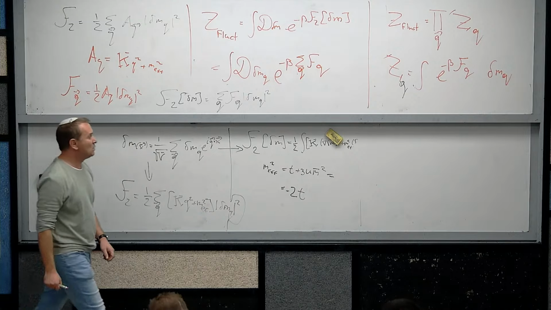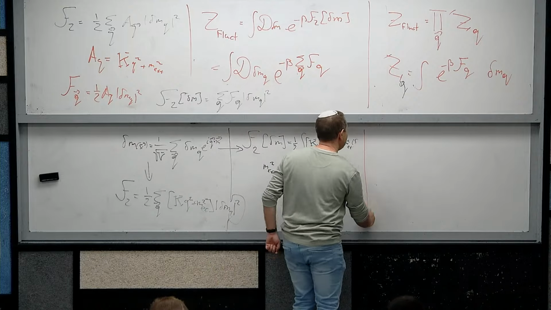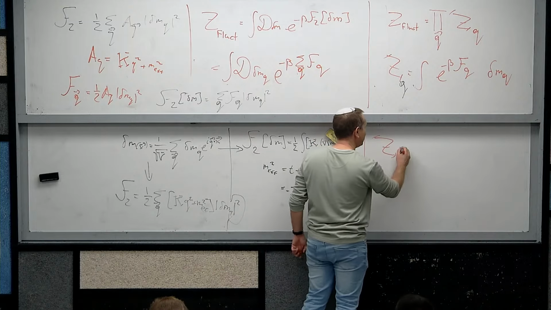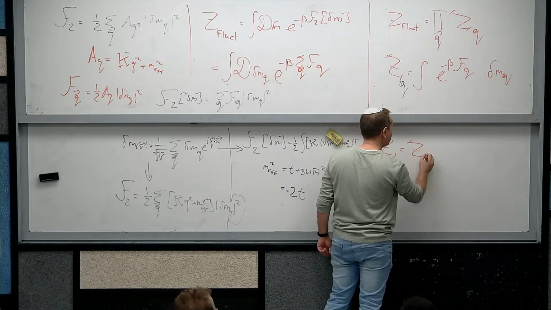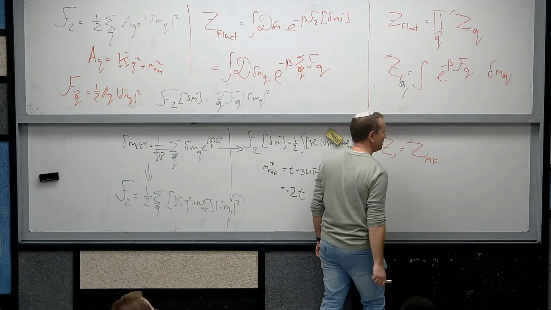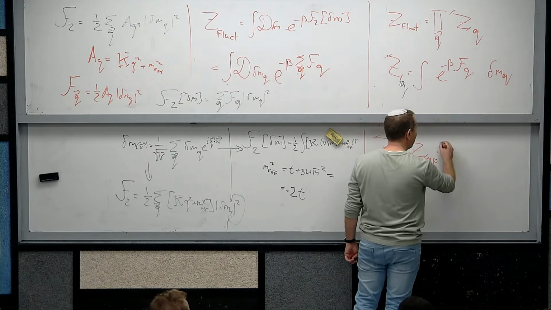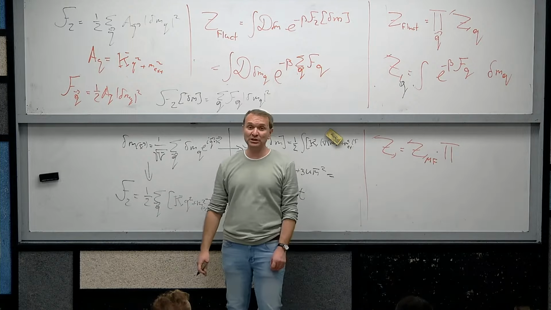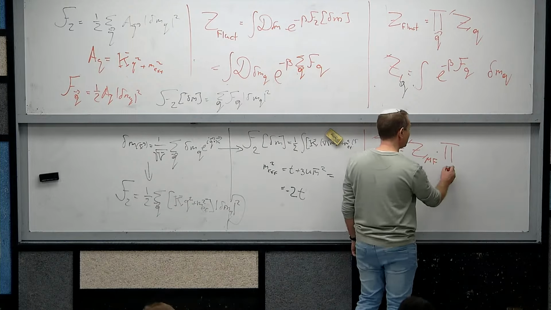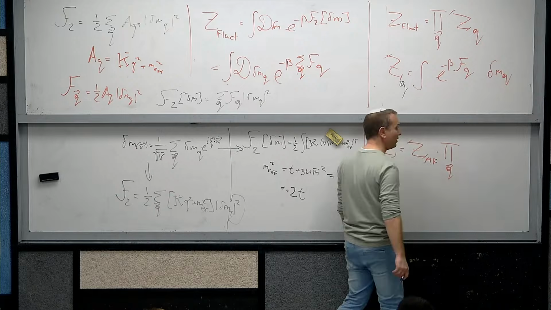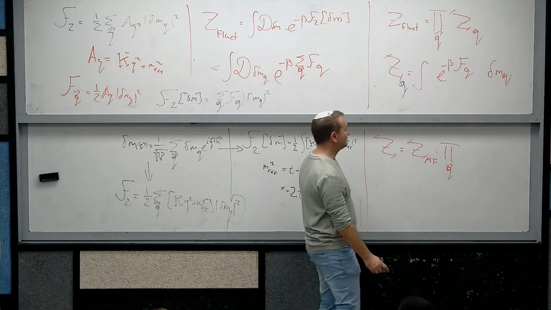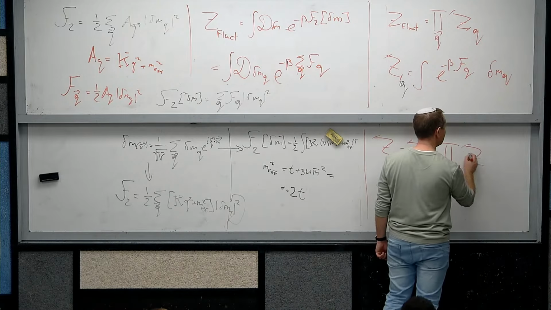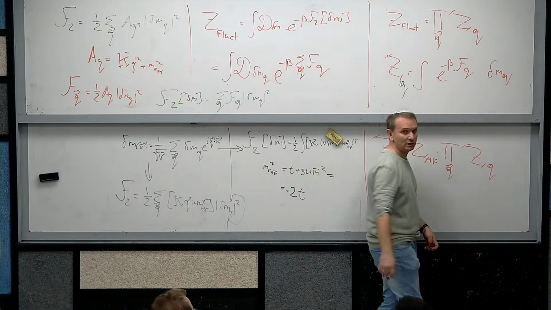All right. What we have obtained is Z equals Z mean field multiplied by a multiplication over all possible Q's, ZQ. Hooray.